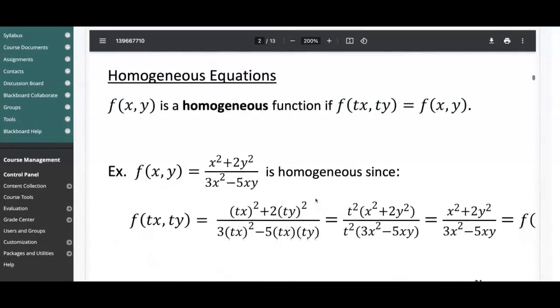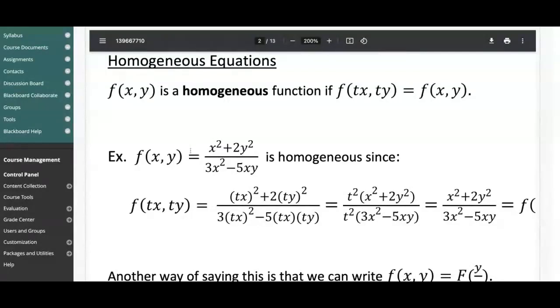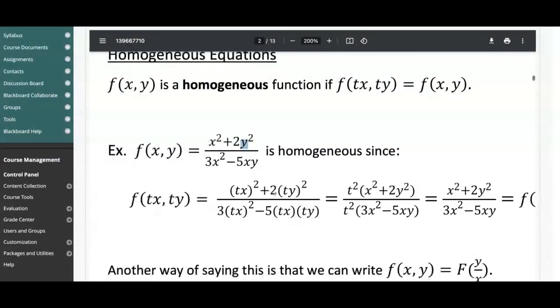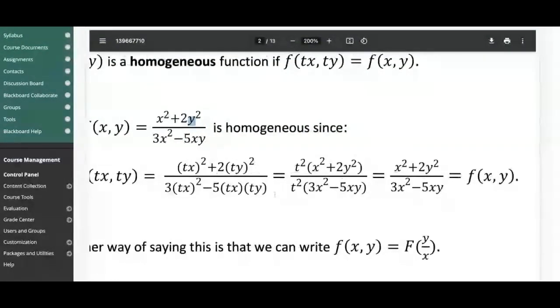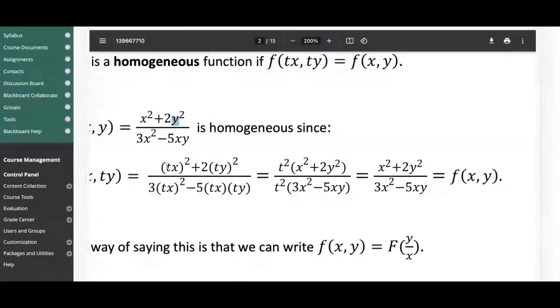Let's see an example. So this function is homogeneous. Why? We could substitute x with tx, y with ty, and we see it's the same as f of x, y. Going through the calculation, t squared happens in the numerator, t squared happens in the denominator, so t squared is a common factor.